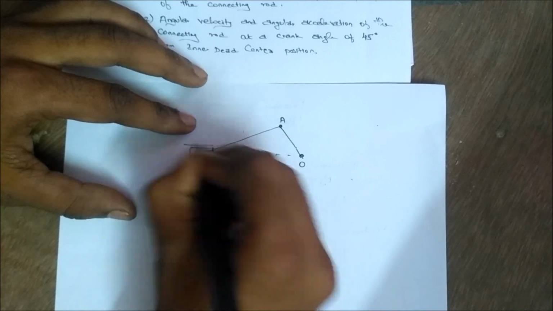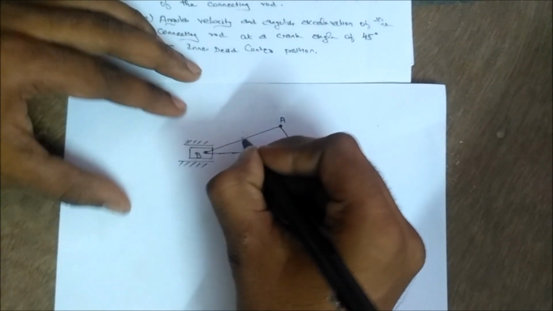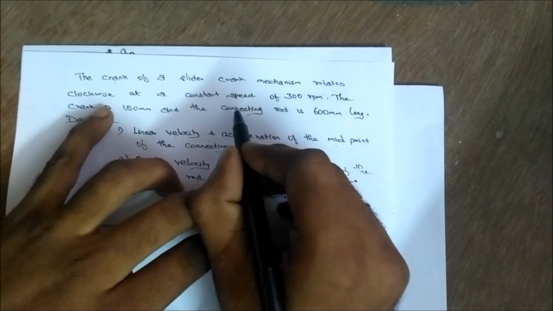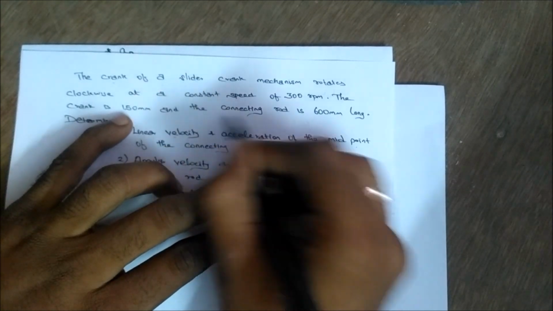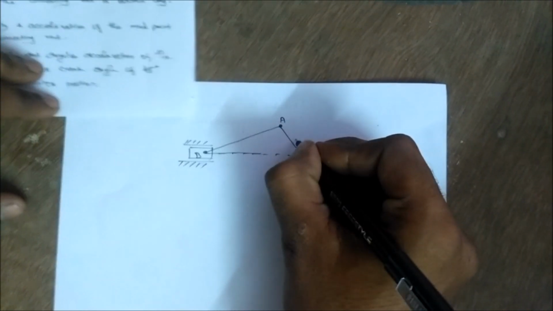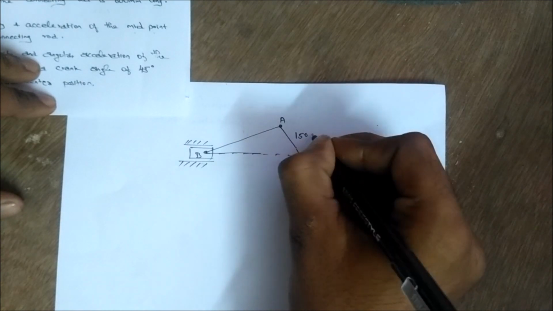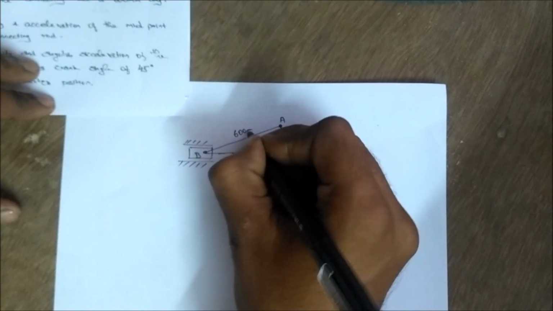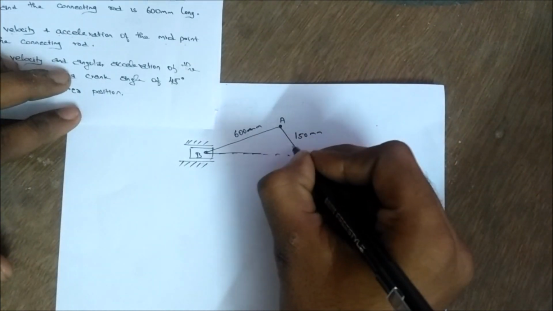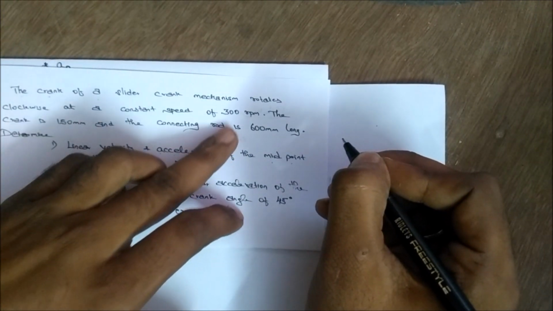This one is the slider, and here is the question. At a constant speed of 300 rpm, the crank is 150 mm and the connecting rod is 600 mm. That means the crank is here, which is going to rotate, having a radius of 150 mm, and the connecting rod is 600 mm long. This crankshaft is going to rotate clockwise at 300 rpm.